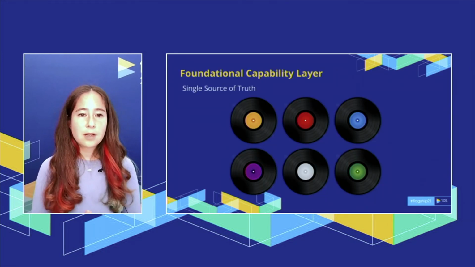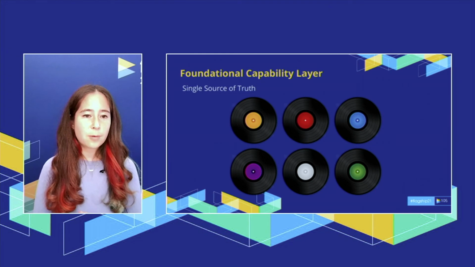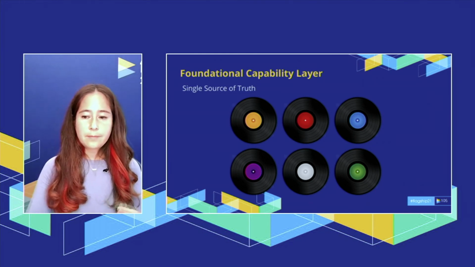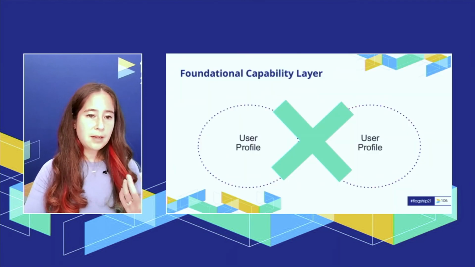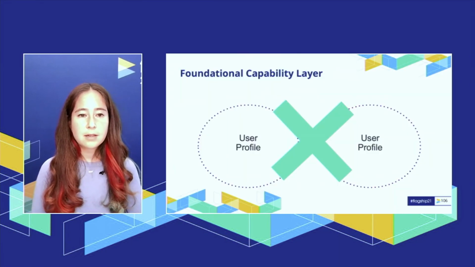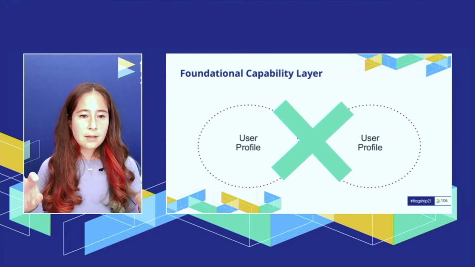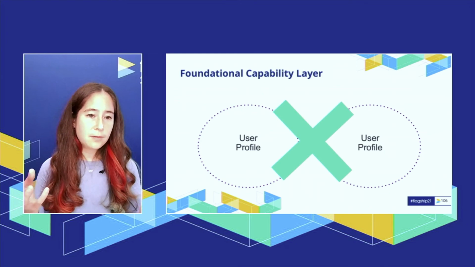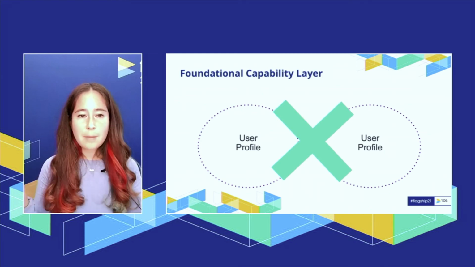These also are going to be a single source of truth. These are your records. You want to make sure that one particular foundational capability has ownership over a single record. So this means that I shouldn't have two different foundational capabilities that both have a user profile, for example. We shouldn't be copying data across them.